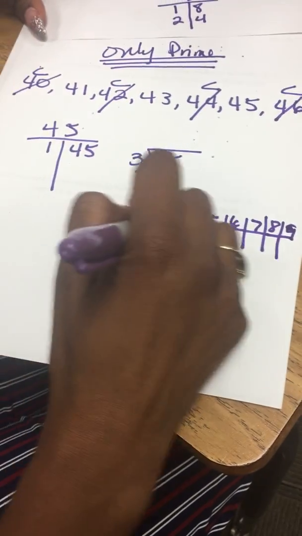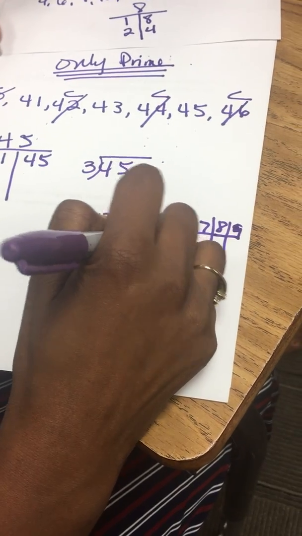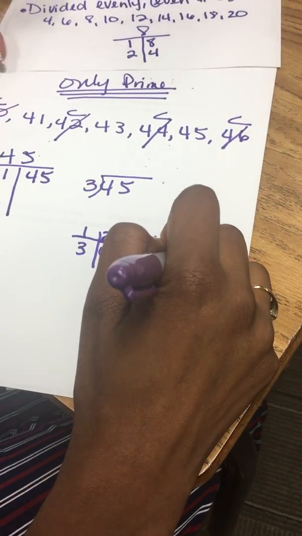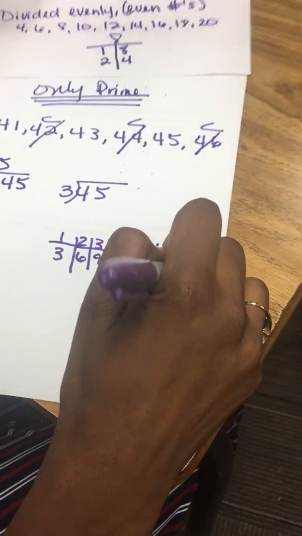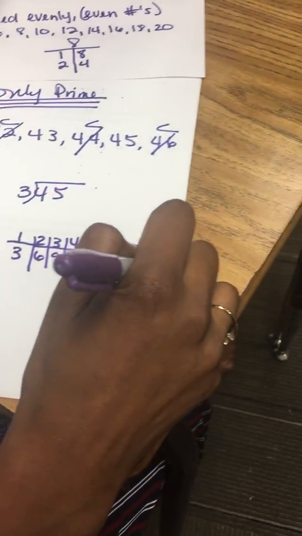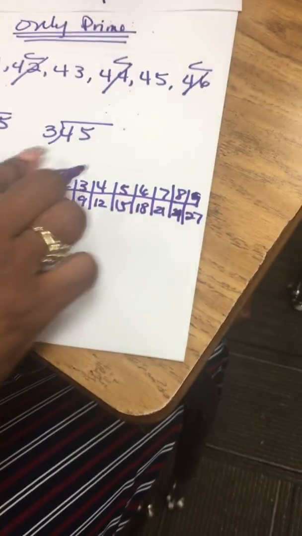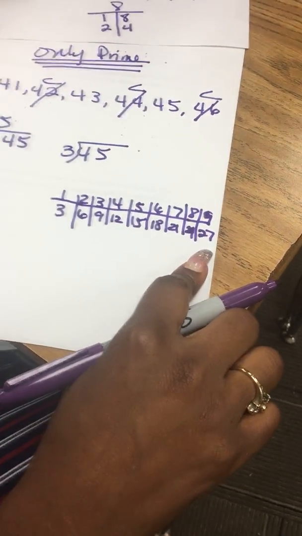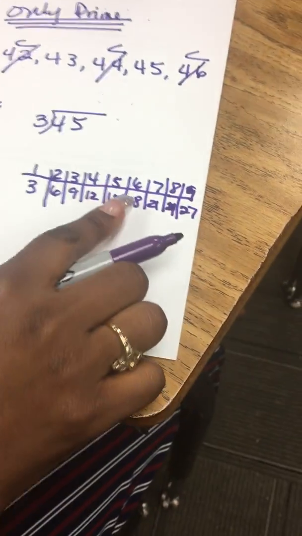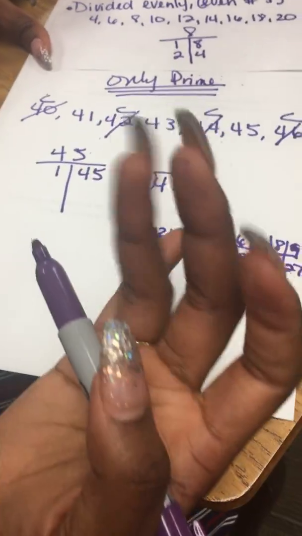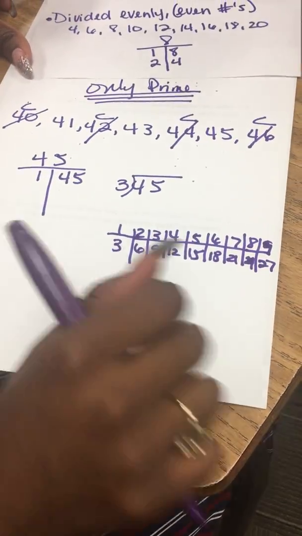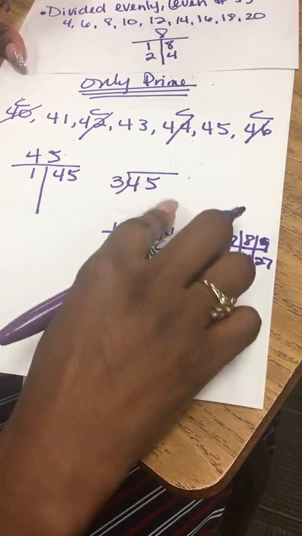Go back and list your 3's: 3, 6, 9, 12, 15, 18, 21, 24, and 27. Now, they won't have to do that for every single one, but for a number like 45, they will. If the number was, say, 18, they could just count by 3's on their fingers. I don't mind them doing it that way. But for bigger numbers, this is the way I want them to do it.